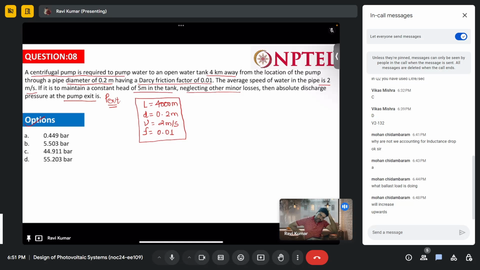First we need to calculate the head loss due to friction.